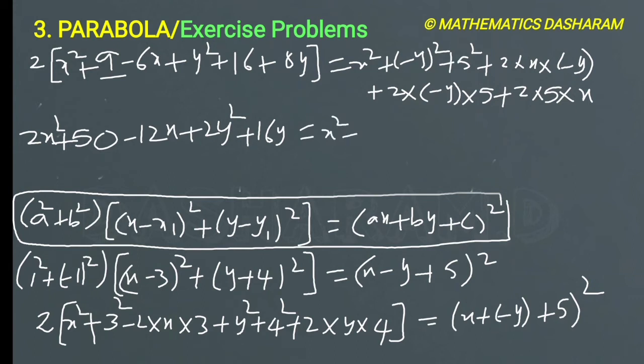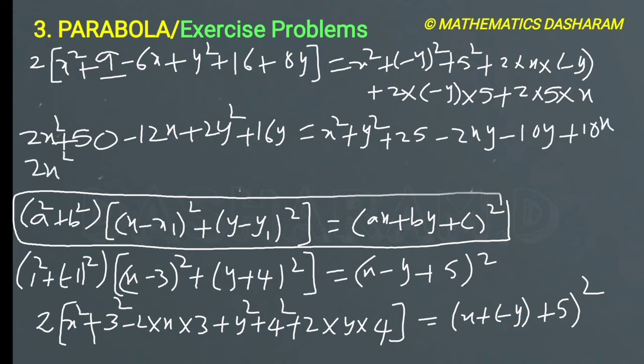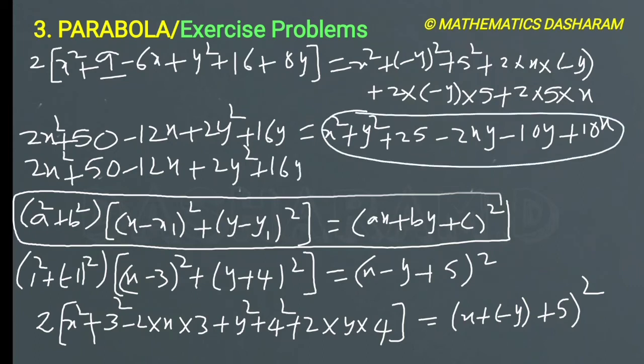So x² + y² + 25 - 2xy - 10y + 10x, since 5 squared is 25 and 5 times 2 is 10x. So 2x² + 50 - 12x + 2y² + 16y. Write all these terms to the left side.